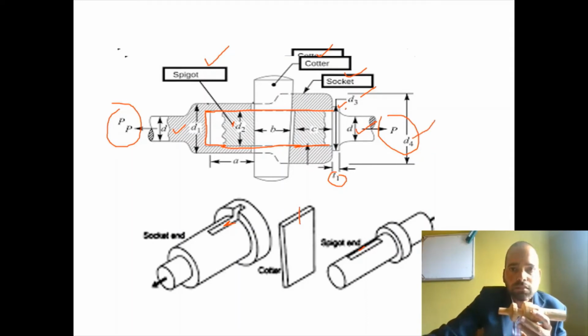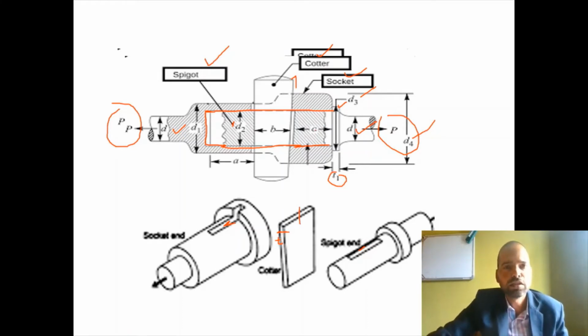And the distance of the rod end of this pivot from the slot or from the quarter when it is inserted is distance A. The width of the quarter is B, and let's consider this dimension, called thickness T, that you have to find out. Then C is the distance of the slot from the end of the collar of the socket, called C. So these are the different dimensions which we have to find out in the design of a quarter joint.